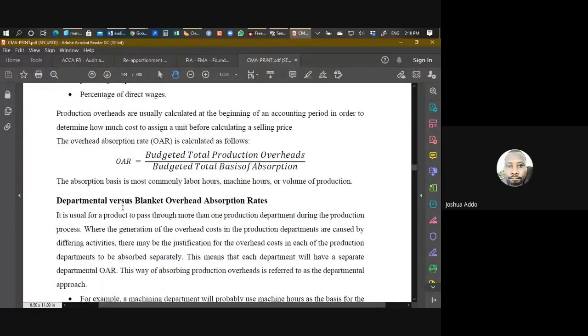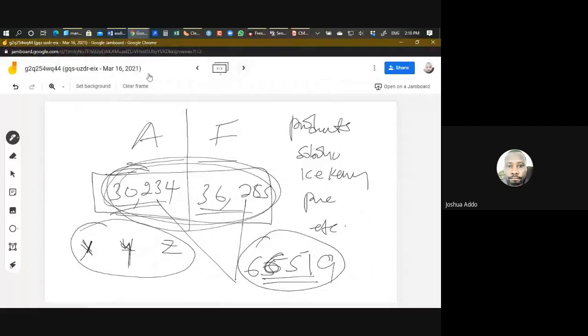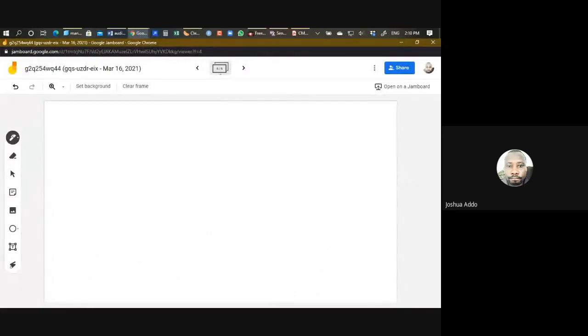Even before the question, let me clarify this. The basis of sharing the overheads, once agreed upon, just like we were computing. Let me go to my drawing board. When we were sharing the general overhead cost, I want to borrow some concepts there.